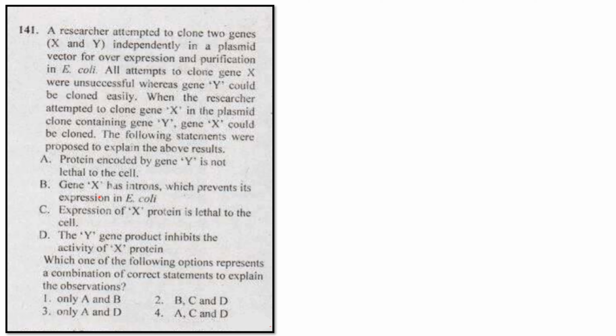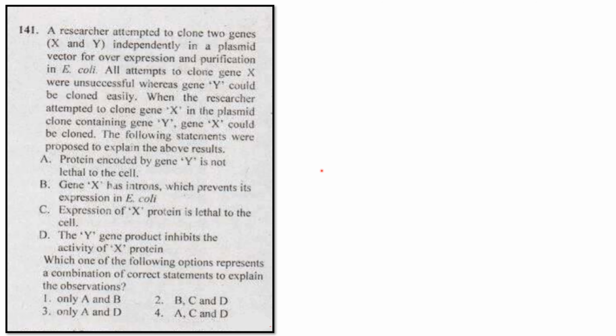Gene X has introns, which prevent its expression in E. coli. Introns and exons: in splicing, the introns go out from the chromosome, so automatically in cloning the introns will be removed.